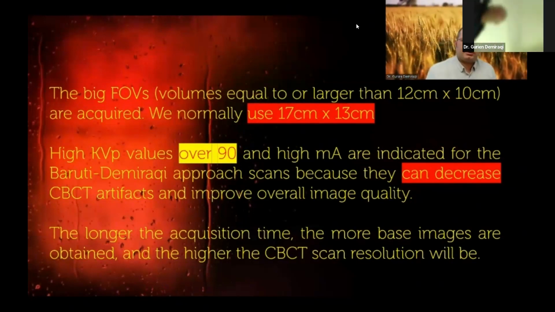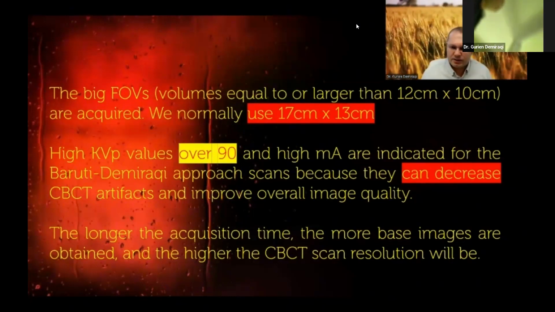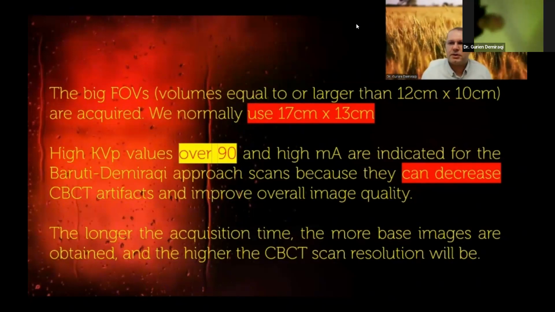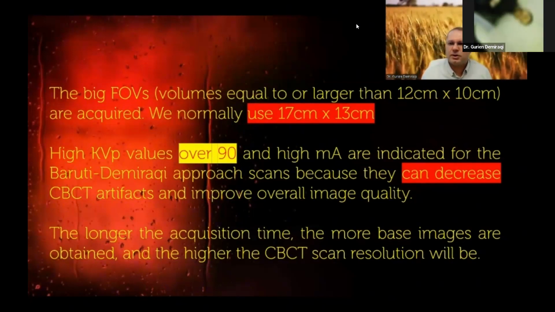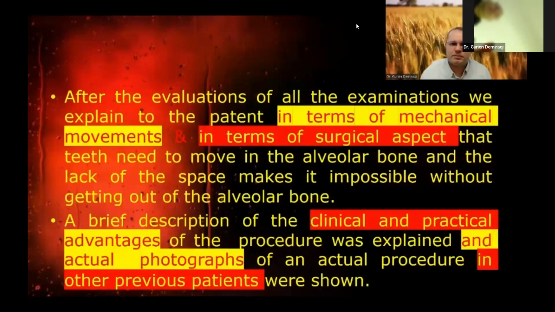High kilovolts, over 90, and possibly high milliamperes are indicated for this approach because they can decrease the CBCT artifacts and improve the overall image quality. The longer the acquisition time, the more base images are obtained, and the higher the CBCT scan resolution will be. So use the best you can get to have a very good pre-operative situation so that you can treat the patient as well as possible.